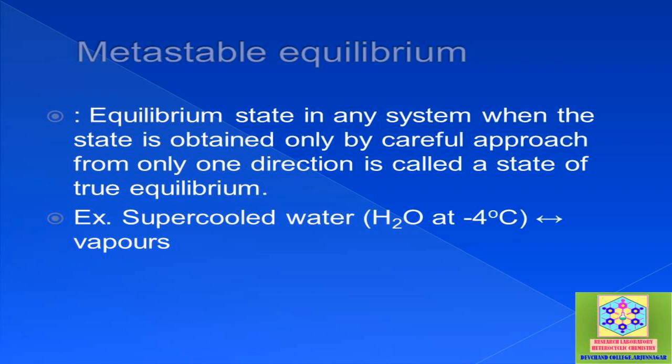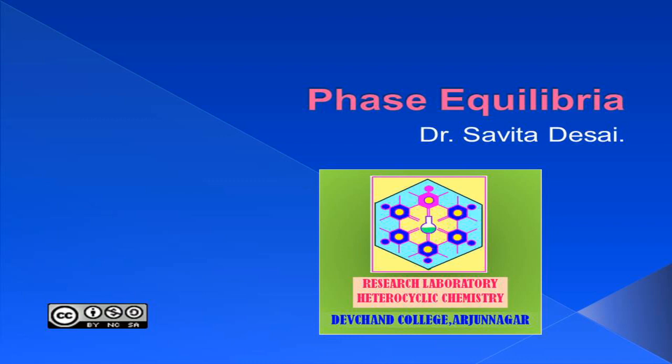And therefore, this state of equilibrium is called metastable equilibrium. There are certain lines or curves in the phase diagram which represent the true equilibria and metastable equilibria. We shall discuss these different systems and phase diagrams in the next lecture.